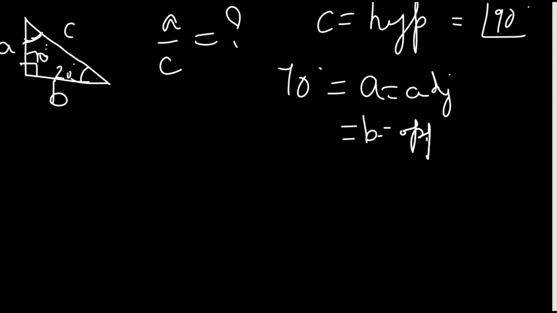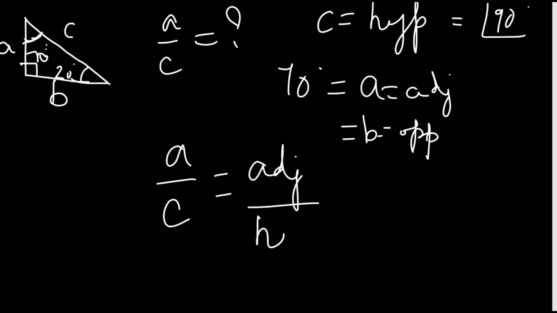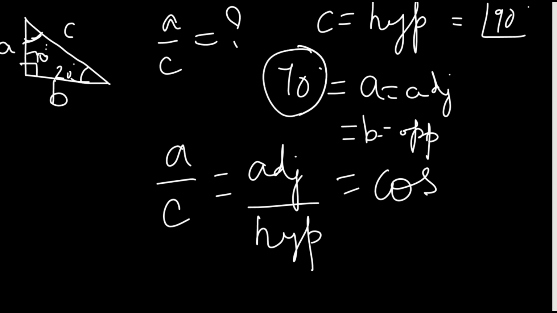They have asked A by C, which is adjacent by hypotenuse. That is nothing but cos. So it is cos 70.